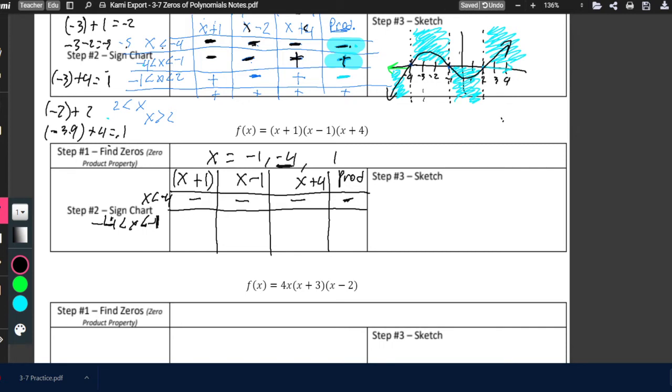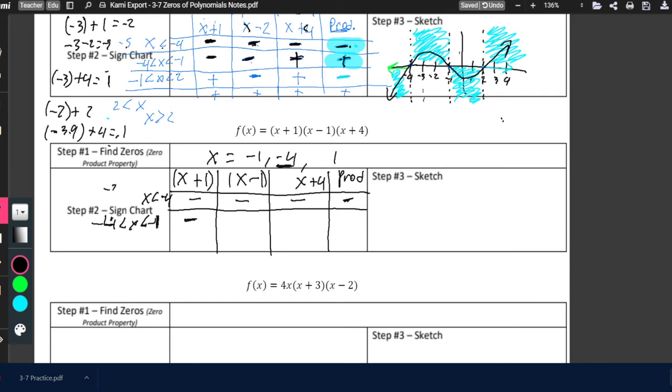When we put that in, we'll find out this first one here. First one's negative. You can always confirm this by putting a value in.